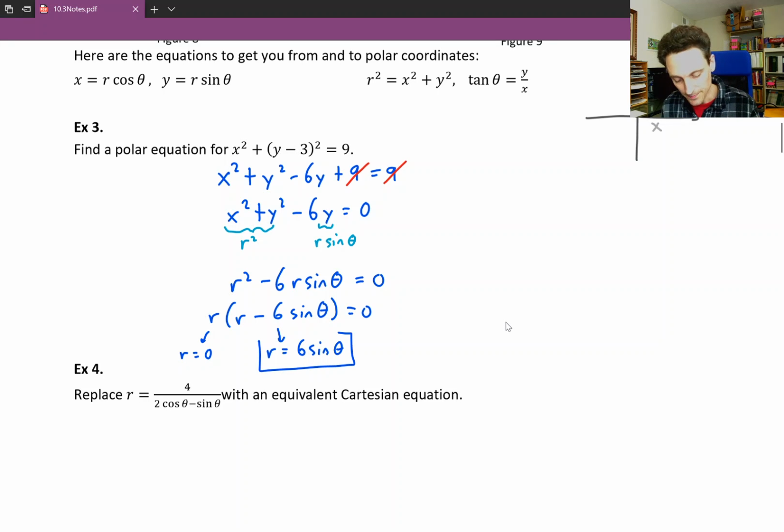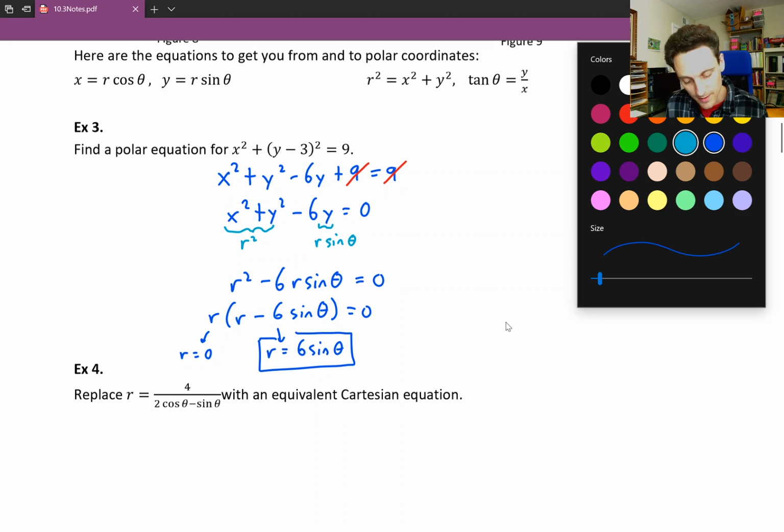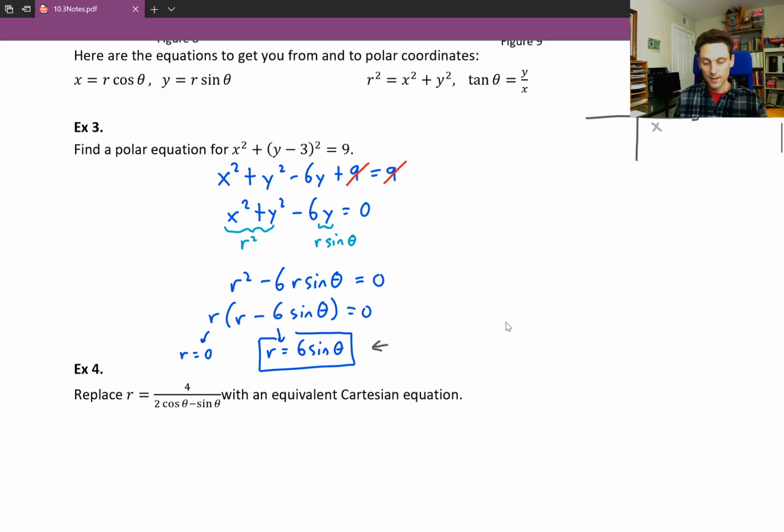So I'm going to box that. There's the polar equation that represents this Cartesian equation. So r equals 0 and r equals 6 sine theta would both be covered by just r equals 6 sine theta.